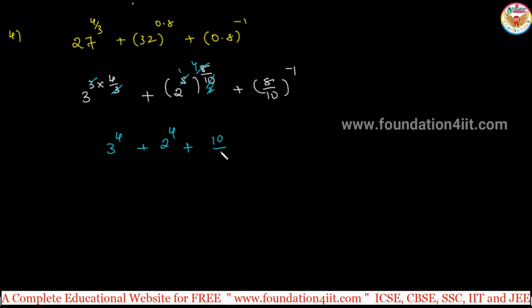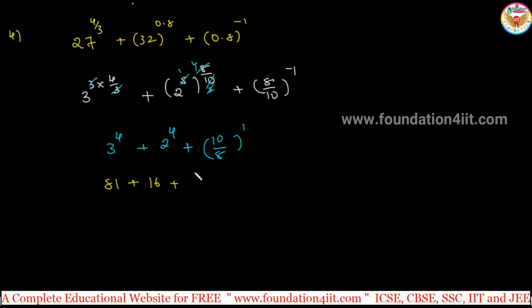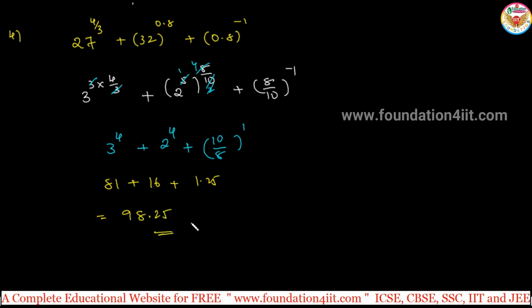Simplify: 3 power 4 is 81, 2 to the power 4 is 16, 10 by 8 is 1.25, and finally 97 plus 1.25, so we get 98.25. Even you can write the problems in divisions also. This is one method. Let us see another type of question.